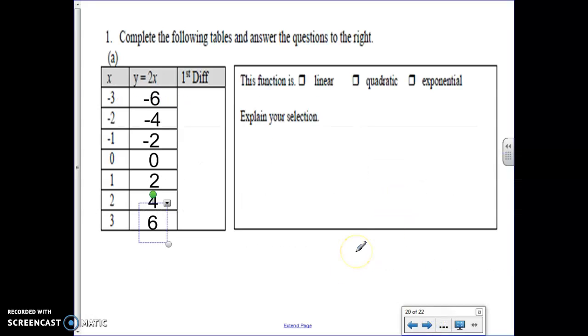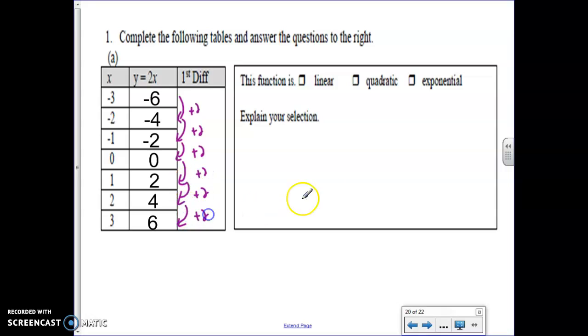So let's look at an example. I already found the y values. You guys could write these down. But what we want to do is just find out what the difference is between these y's. And what's happening? I'm adding 2. Negative 6 plus 2 gets me negative 4. Plus 2 gets me negative 2. Plus 2 gets me 0. Plus 2 gets me 2. Plus 2 gets me 4.